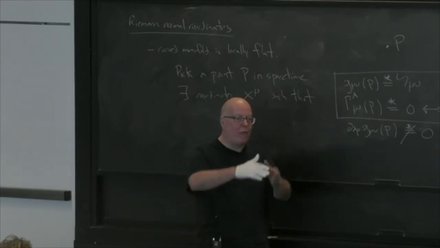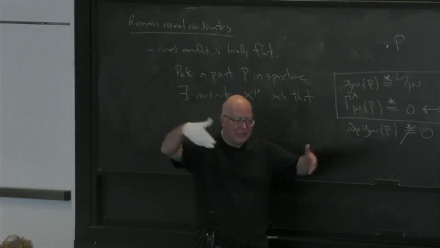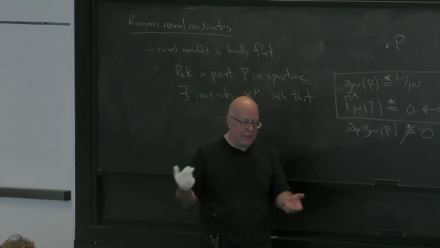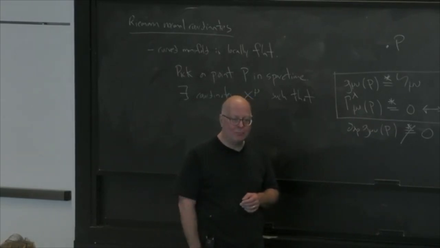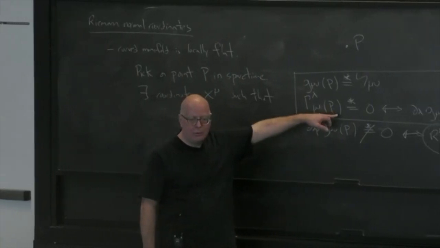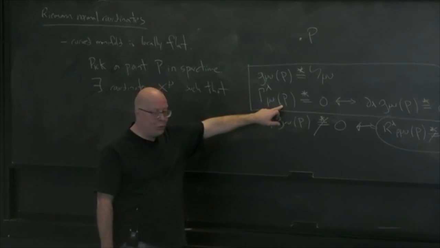If you keep track of all those Christoffel terms along the multitude of steps in a calculation, it can get very tedious, and you can make mistakes. So the idea is, why not appeal to a coordinate system like this, where at a point you can get rid of the Christoffel symbols altogether?